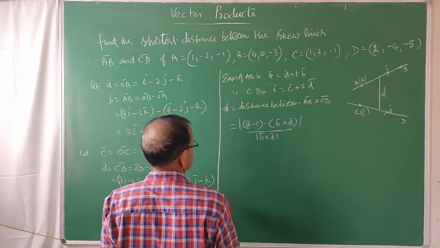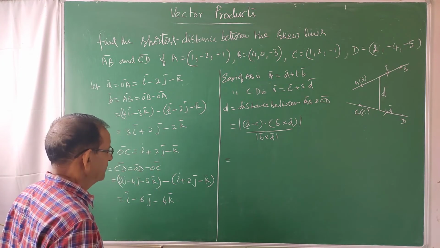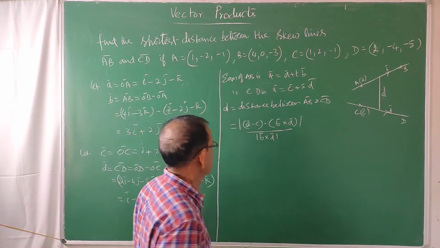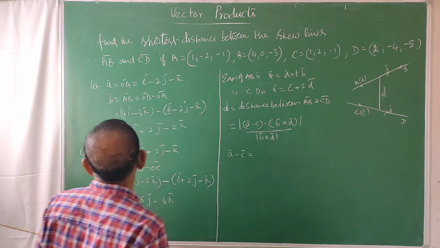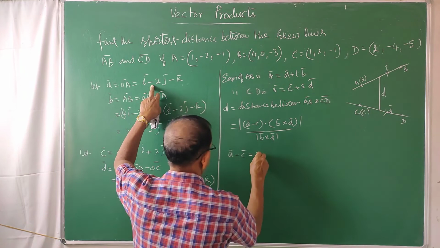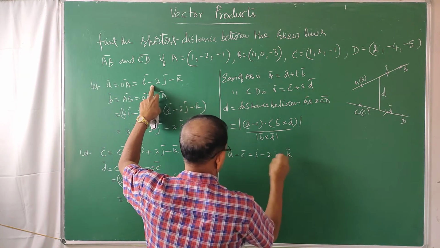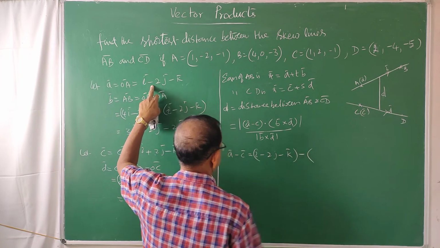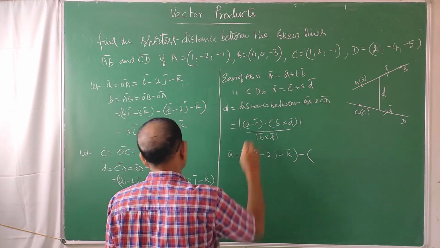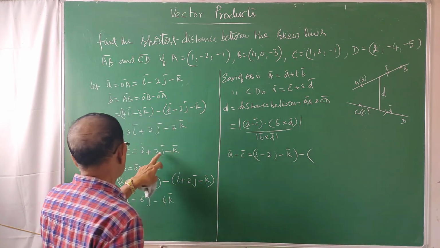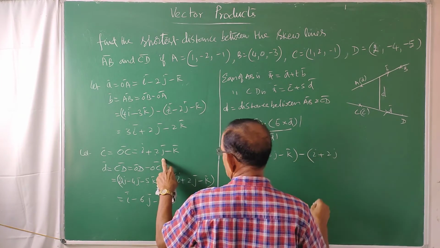So, what is A bar minus C bar? First of all, you have to find these two. A bar is I bar minus 2j minus k, minus C bar, which is I plus 2j minus k.